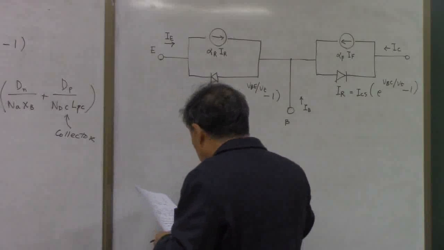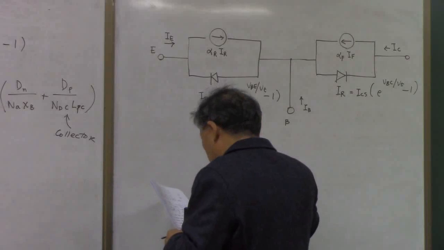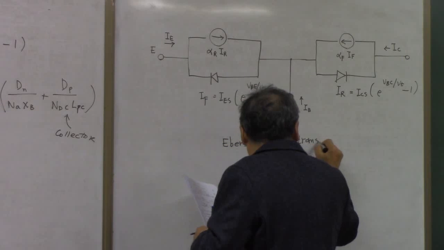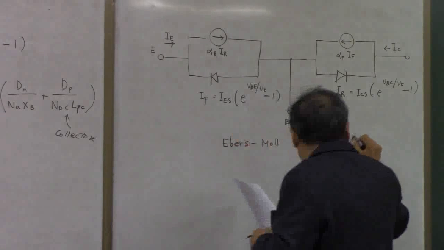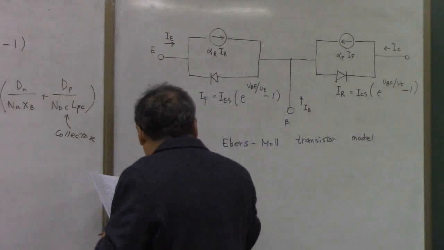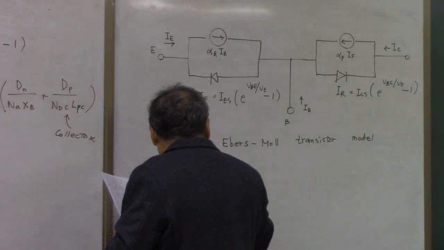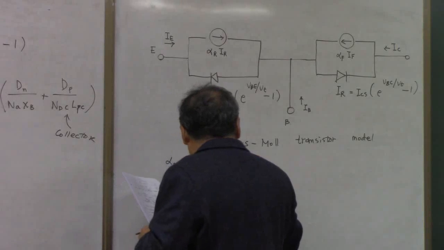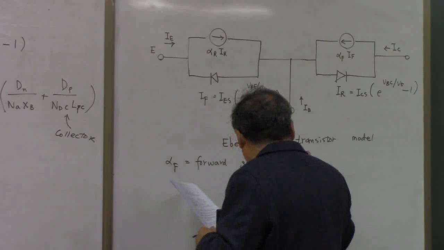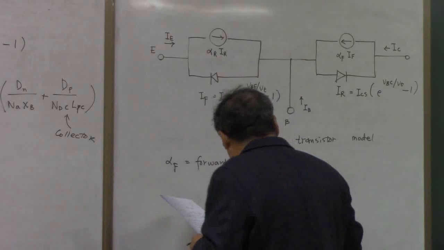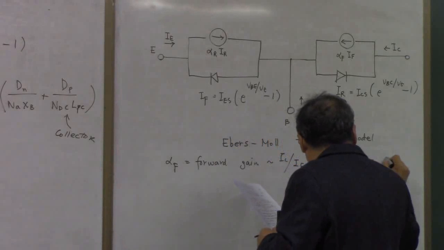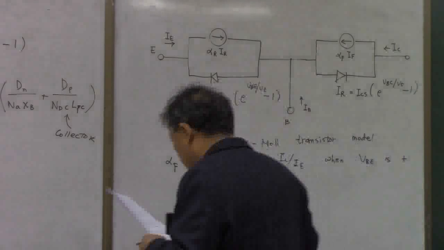And this is called the Ebers-Moll transistor model. Here alpha F is the forward gain, that is IC over IE when VBC is zero, with the base-emitter forward biased.